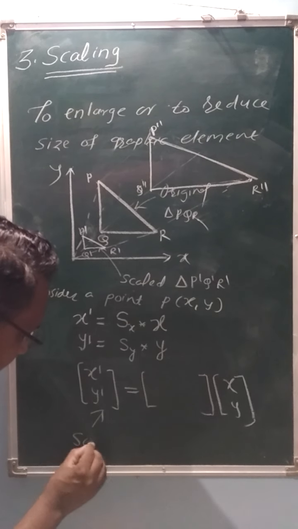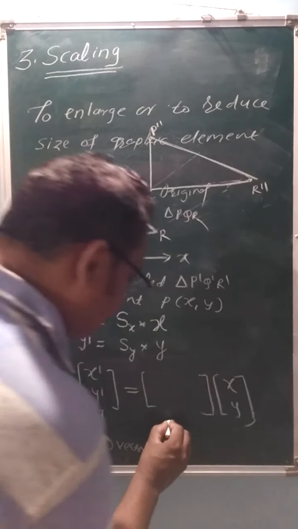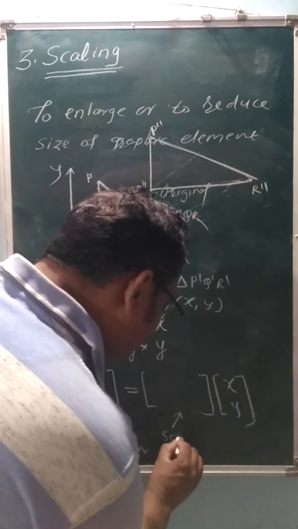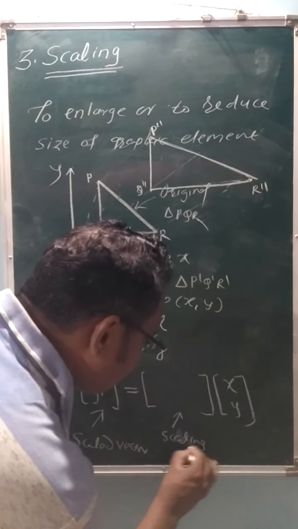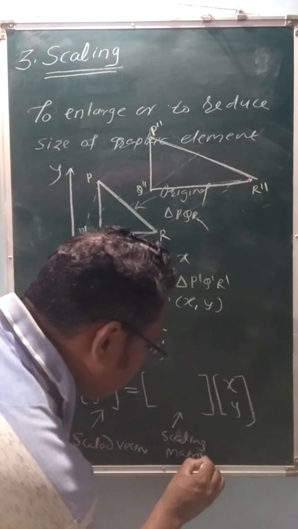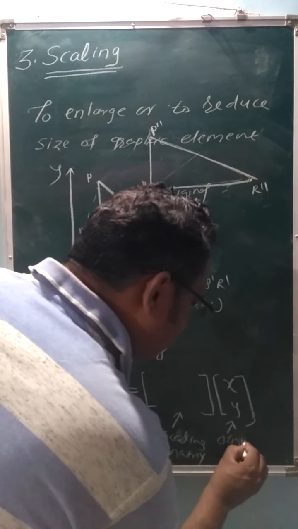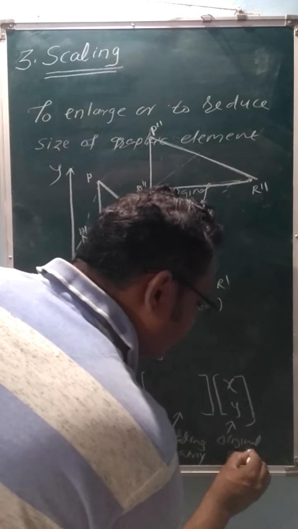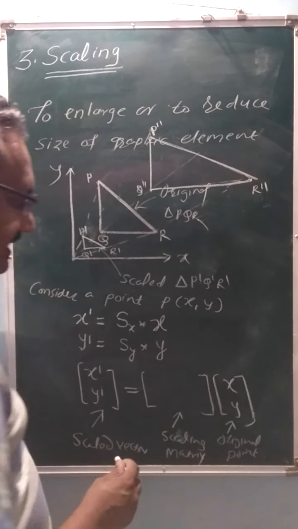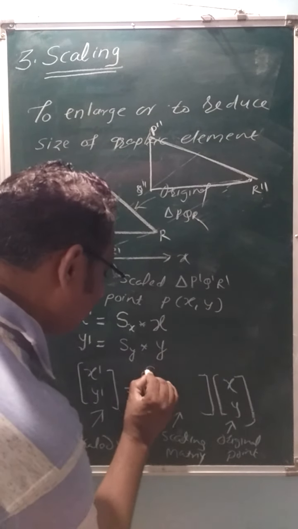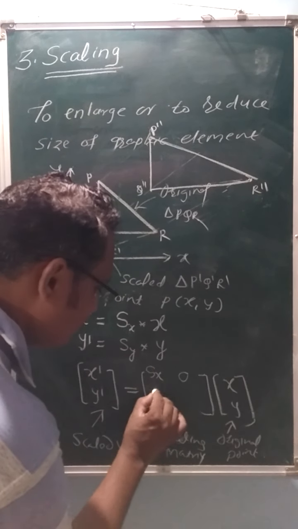This is the scaled vector, this one is the scaling matrix, and this will be the original point before scaling. The matrix elements are Sx, 0, 0, Sy.